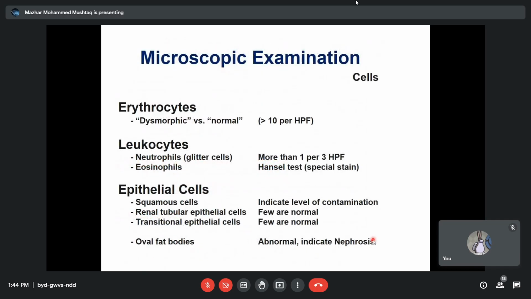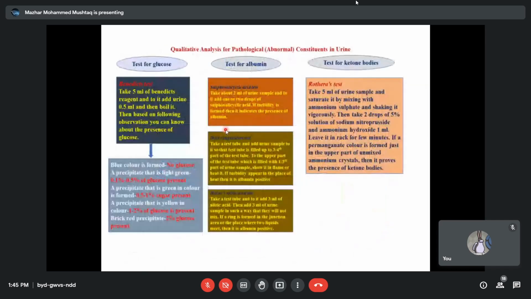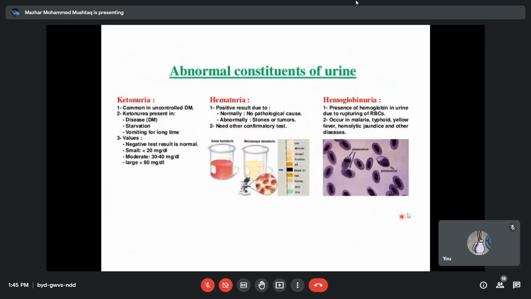Some more microscopic examination where we see the cells, for example, the erythrocytes, when we see they are dysmorphic versus normal. What does that mean? The shape of the red blood cell is usually disc-like. I showed you here, this is disc-like. I will show you the real picture also.